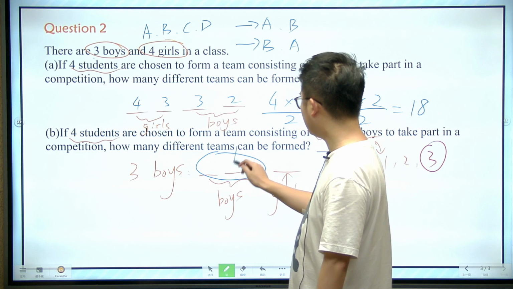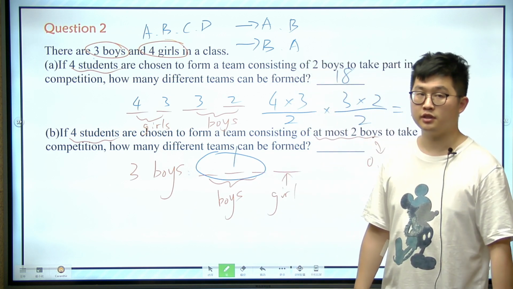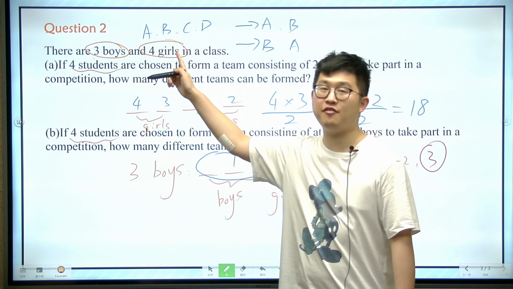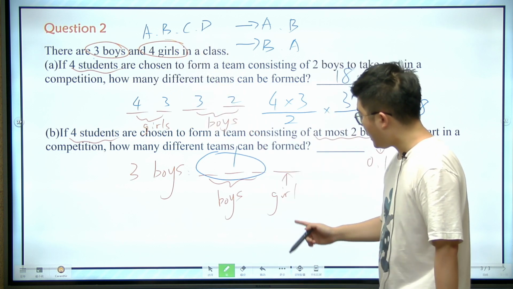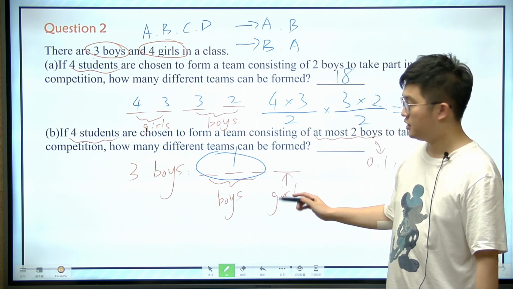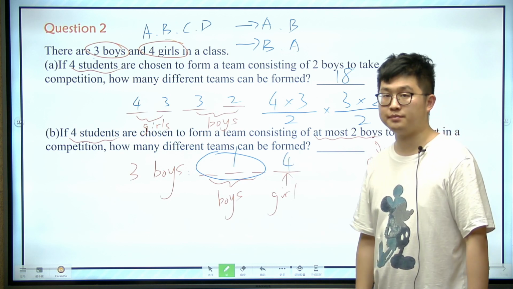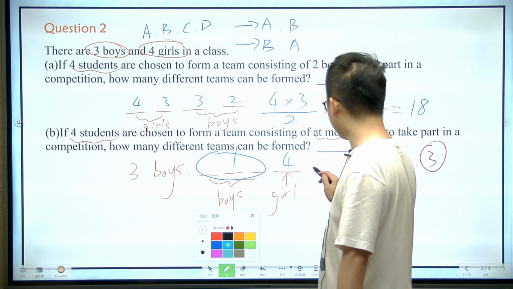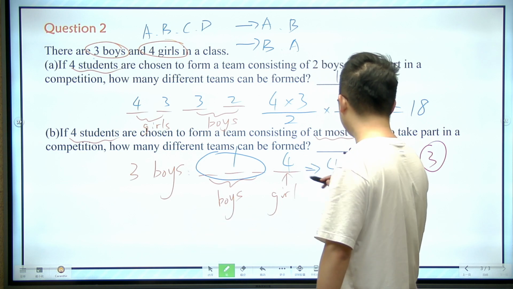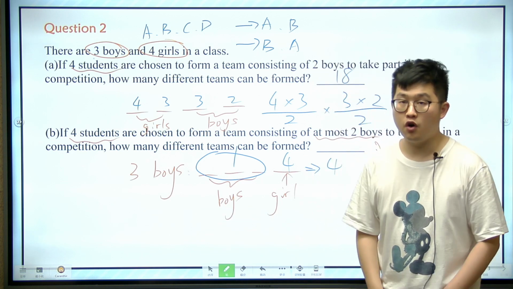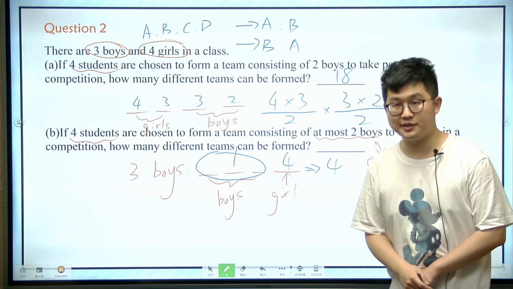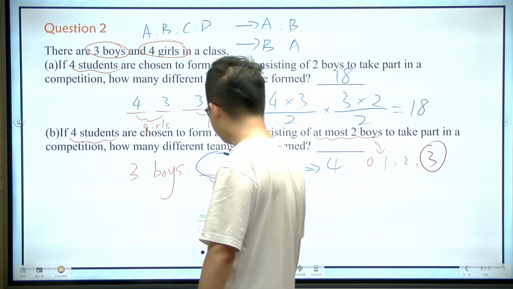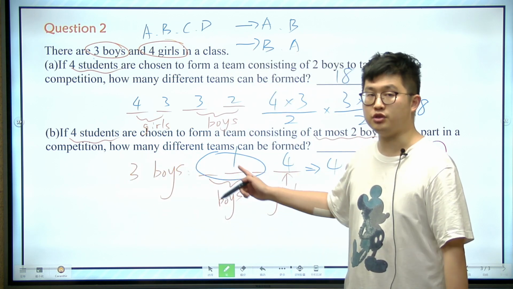You need each and every one of the 3 boys. And what about the girls? We have 4 girls, so if we have 3 boys in the team, there are only 4 different teams. And this is the 3 boys situation.